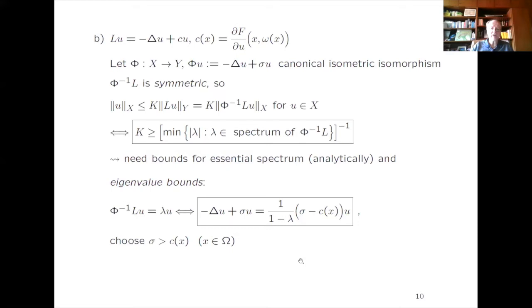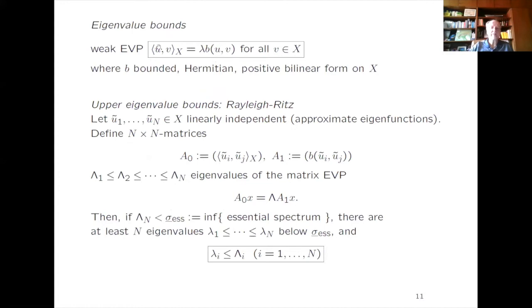So now I want to talk a little bit about how we can get eigenvalue bounds for such problems, with an inner product on the left-hand side and a bounded bilinear term on the right-hand side. So here is the eigenvalue problem I'm looking at, and this B is some bounded Hermitian positive bilinear form.